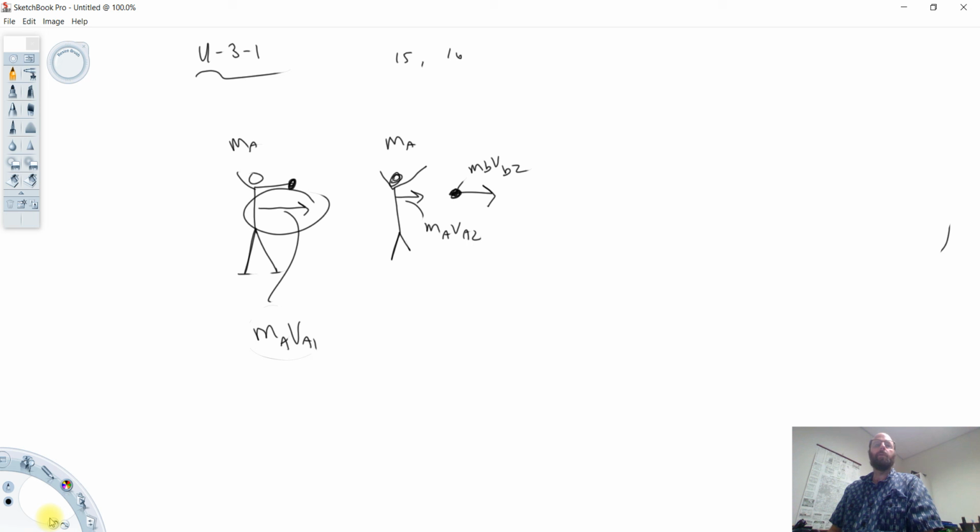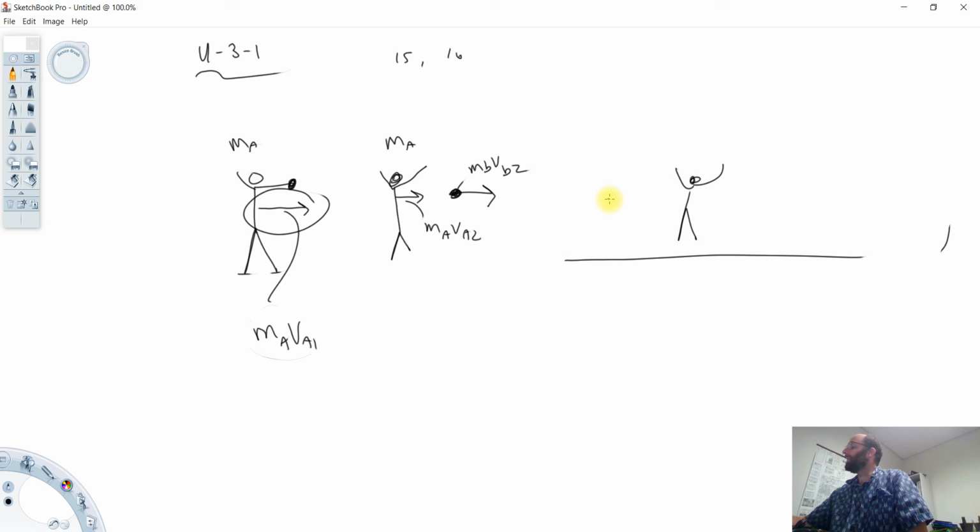Now that second person was at rest. So I'm going to put that second person over here. Sorry about the crummy picture. And we've got this ball coming at them. Mass ball, velocity ball, picture 2. Person is going to catch that ball. Oh boy, crummy picture, but now they're recoiling.